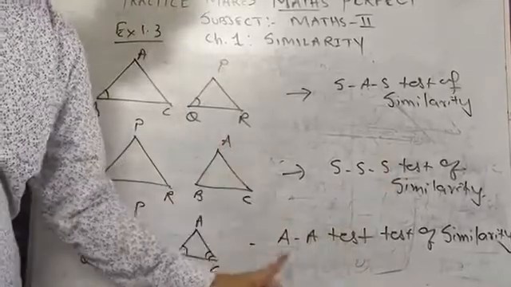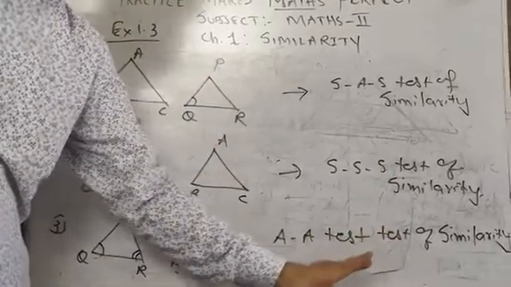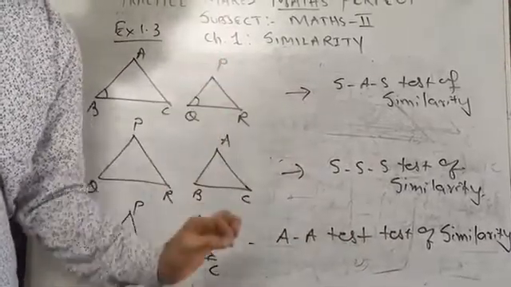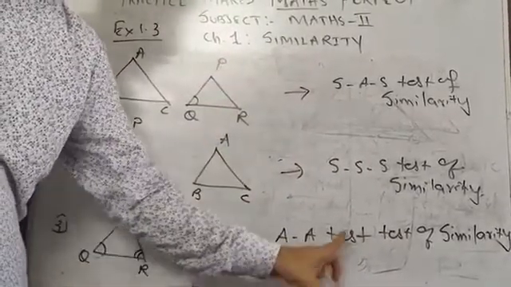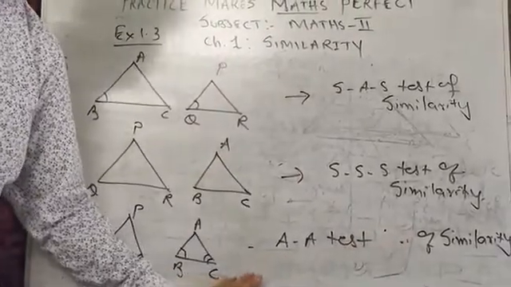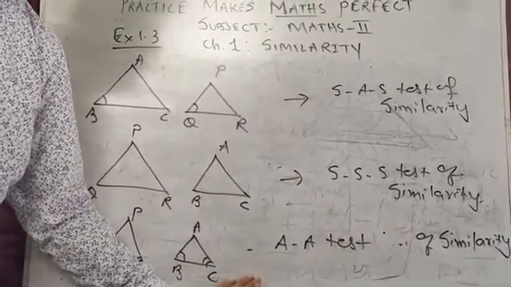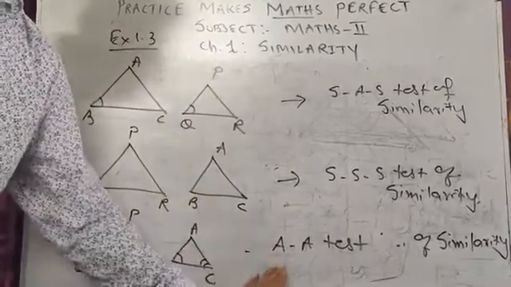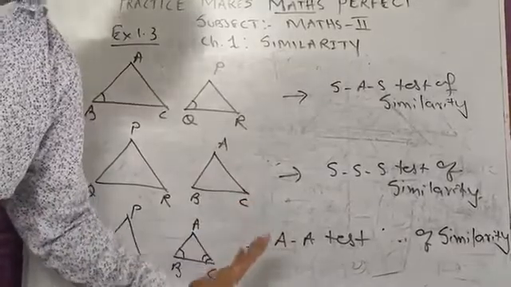And third one is the angle test of similarity. Out of these three tests, the most important test is the angle test of similarity. 99% sums are based on the angle test of similarity only.